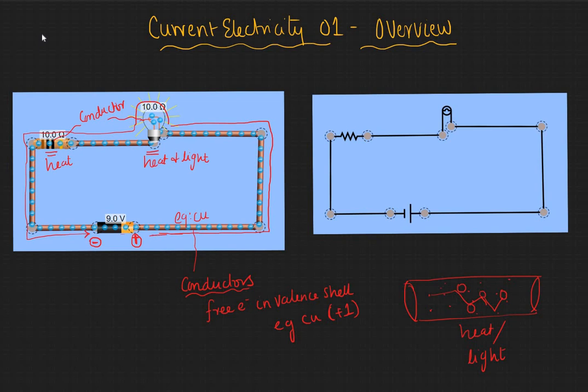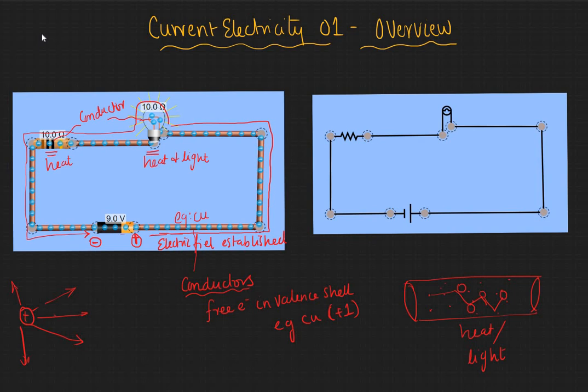So we say that the electric field is established when you connect, and this electric field is responsible. It is very similar to when you take a positive charge and we say there's an electric field; this is exactly the same electric field.